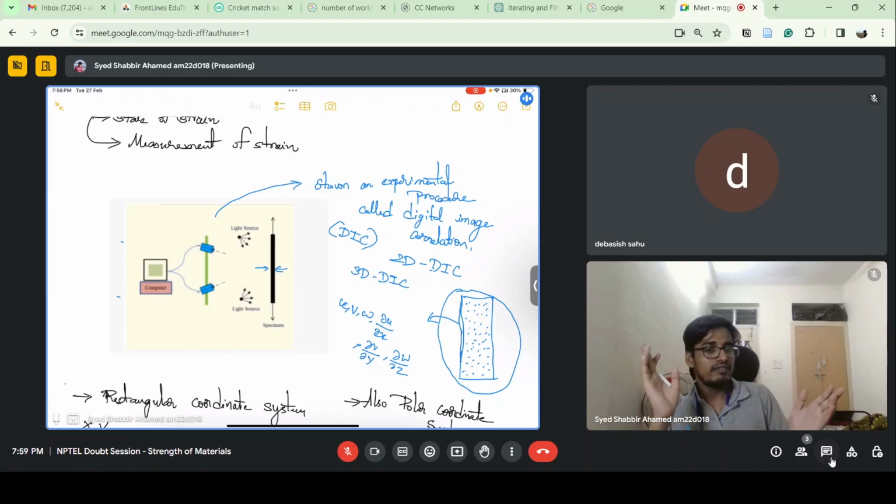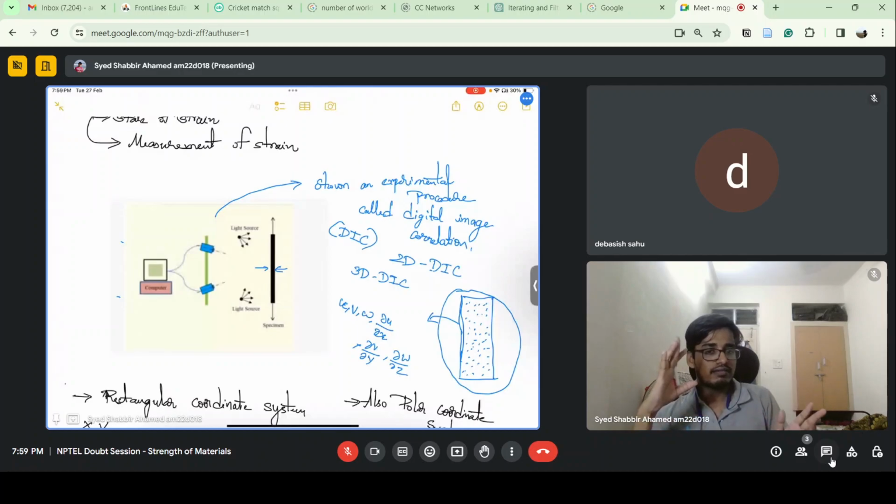After taking these images, we calculate the displacements u, v, w, and also the displacement gradients: u with respect to x, v with respect to y. All these gradients we also calculate.